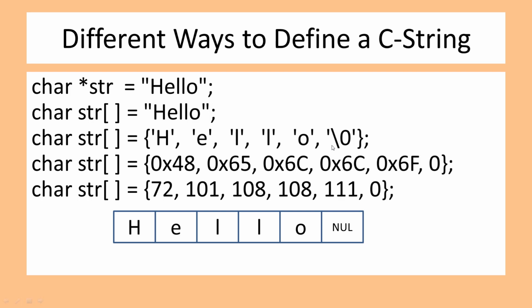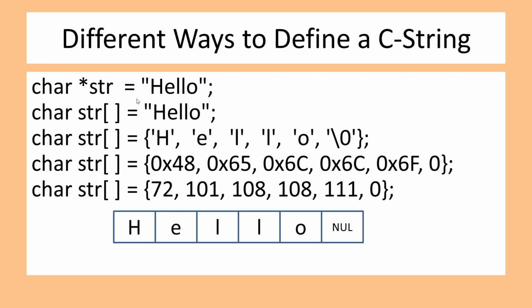But I'm going to have to define the end null myself. If you use a quoted string with the double quotes, you get the null byte. But if you're doing it yourself, you have to make sure you put the null byte in.